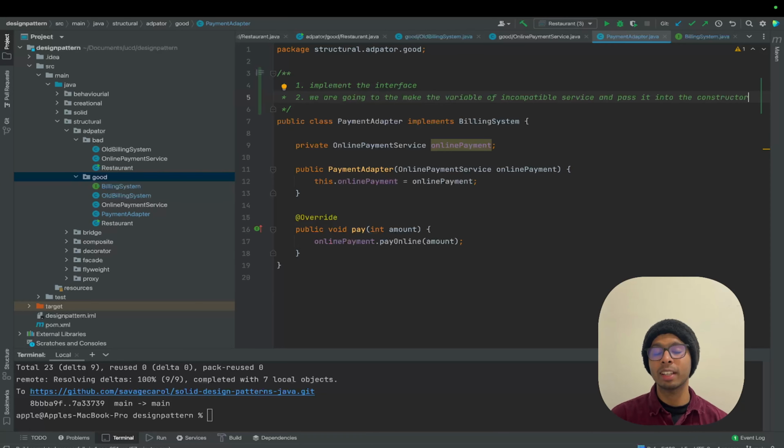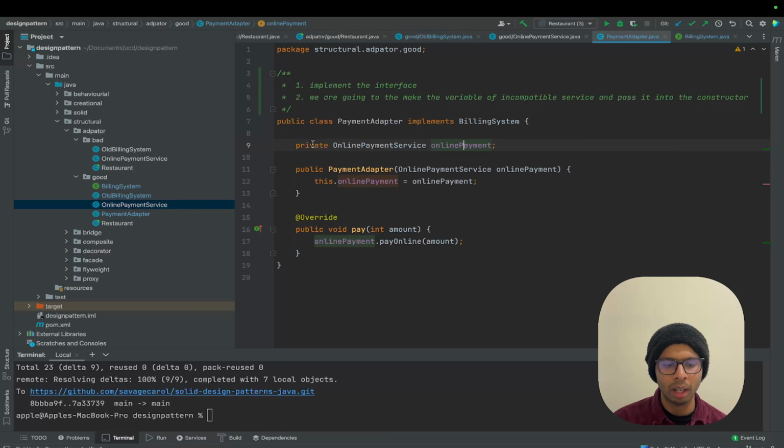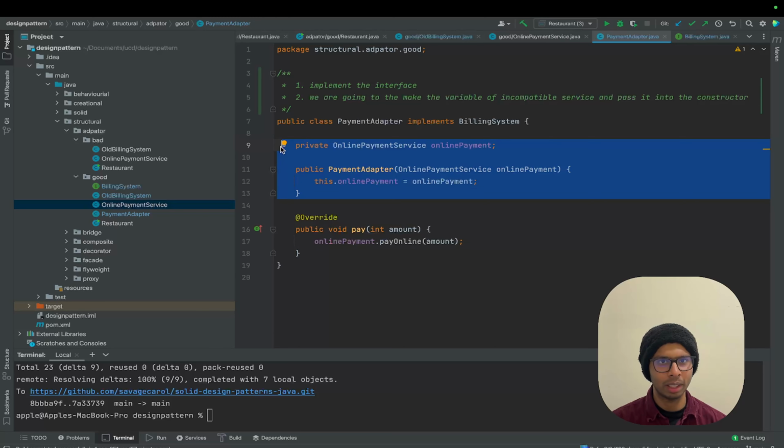That is the second step that we are going to do in our adapter. First, we make the interface, so we have to override this. Secondly, we pass in the incompatible service. Which is the incompatible service right now? The new service, that is the online payment service. This is the incompatible service. We make a variable and we pass it into the constructor. These two things are pretty clear.